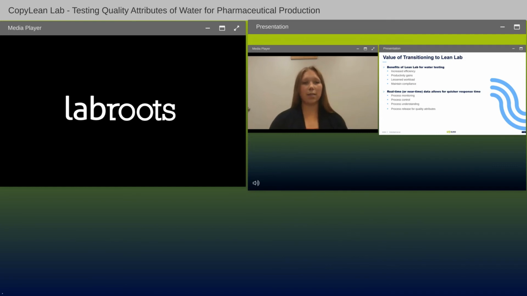Therefore, by adopting lean laboratory techniques and instrumentation, pharmaceutical manufacturers can improve their efficiency and productivity with real or near-time results and decrease the quality staff's workload, all while maintaining compliance. With faster time to results, the ability to control the process becomes much easier with direct access to data that's reflective of present time points. This improves the capability of ensuring consistent water quality for release into pharmaceutical production.